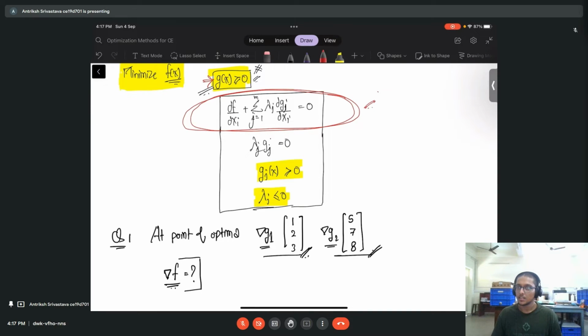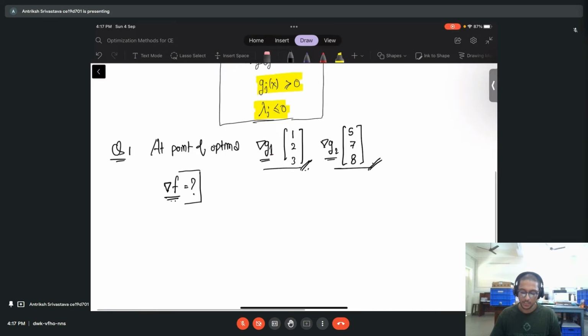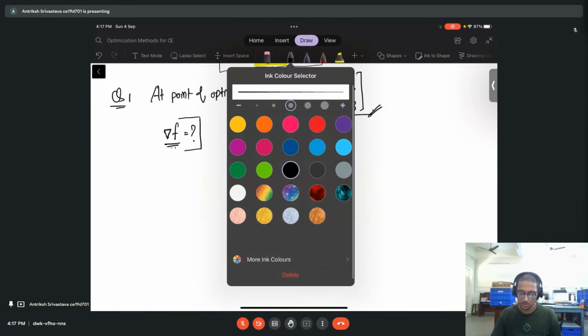Okay, can you tell me, Jasurya, what was the line? It was something like the negative of the gradient of the function can be expressed as the linear sum of the gradients of these functions. Perfect. That's the point that I wanted to reinforce.